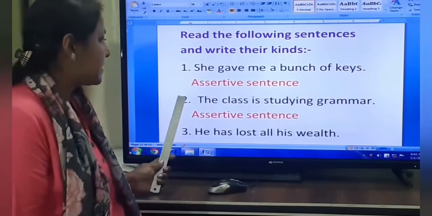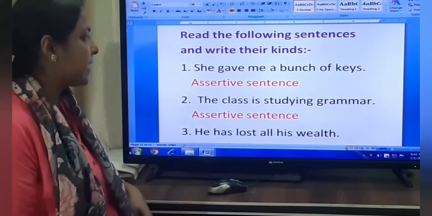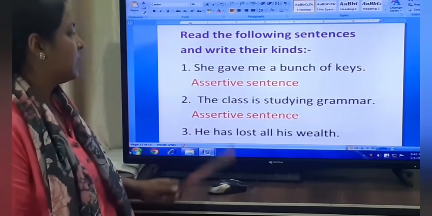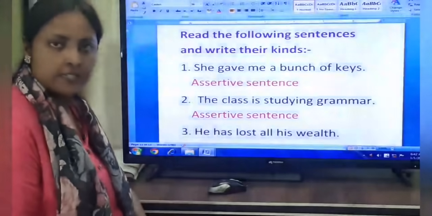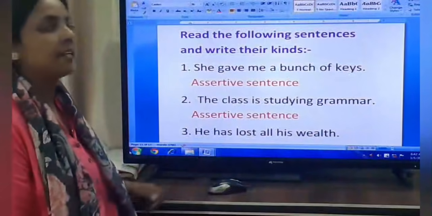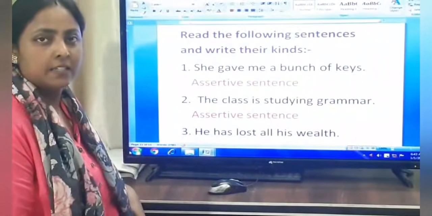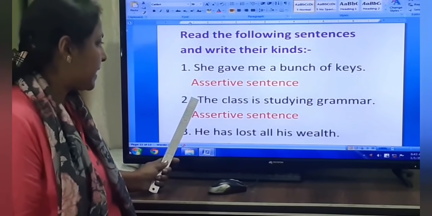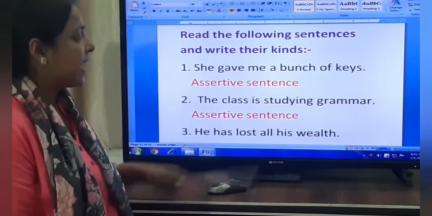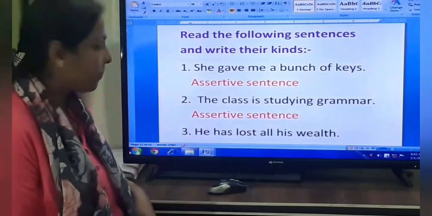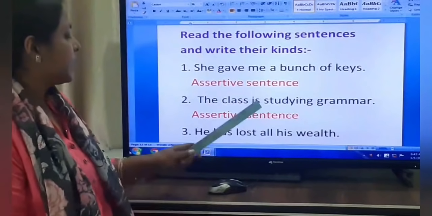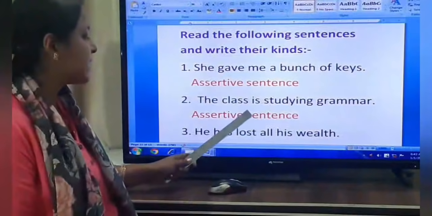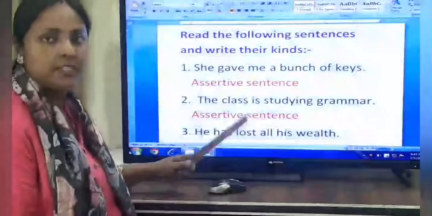The second is, the class is studying grammar. Which sentence is it? Assertive sentence. The assertive sentence begins with a capital letter. It ends with a full stop. It tells you about the fact. So this sentence is an assertive sentence.